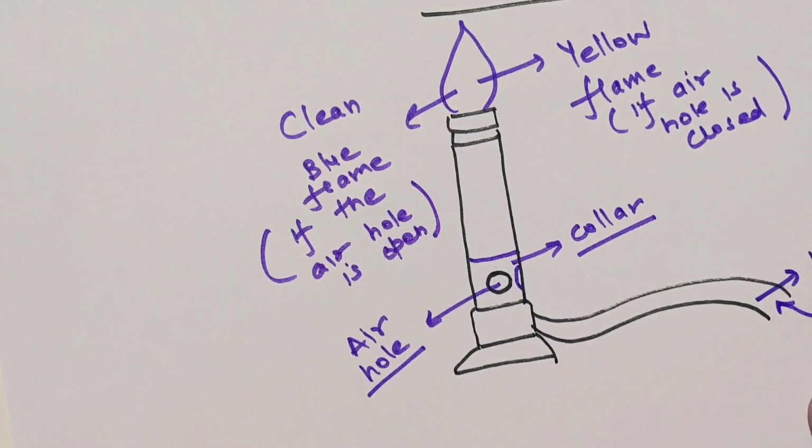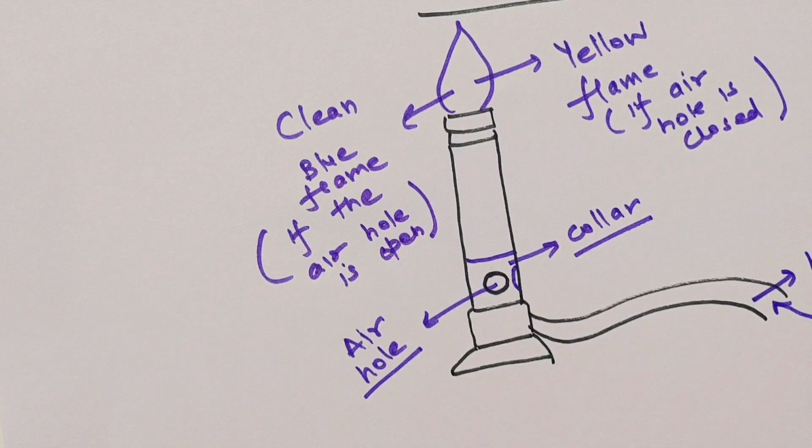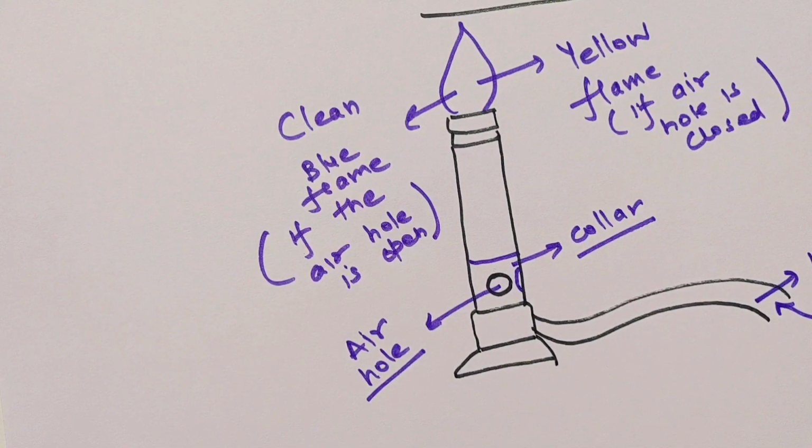You experience a similar situation when you are using the regular gas burner at your house. Sometimes you would see that the cooking vessel gets blackened from the bottom. Now, why is that? If that happens, that means the holes that are there in the burner are choked.